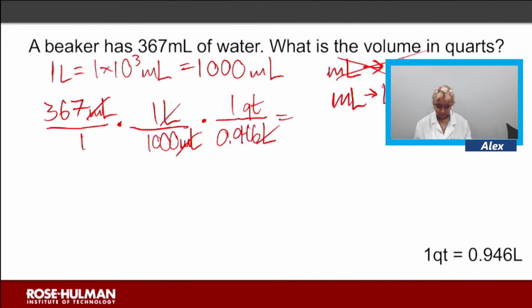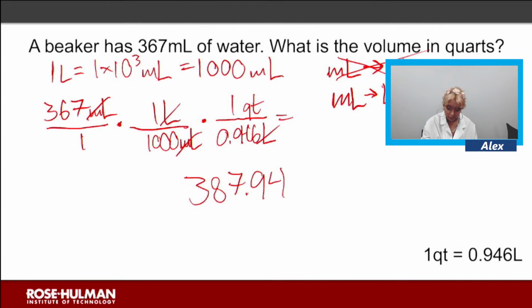We have 367 divided by 1,000 divided by 0.946. And this gives us 387.94 times 10 to the negative 3 quarts.